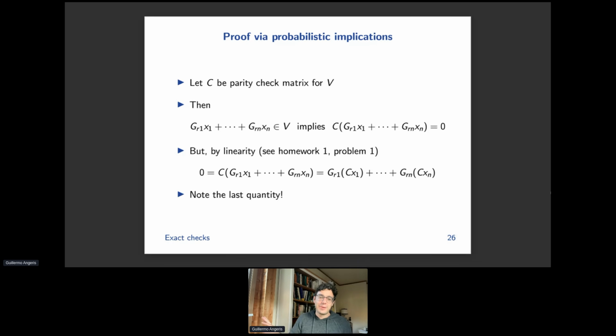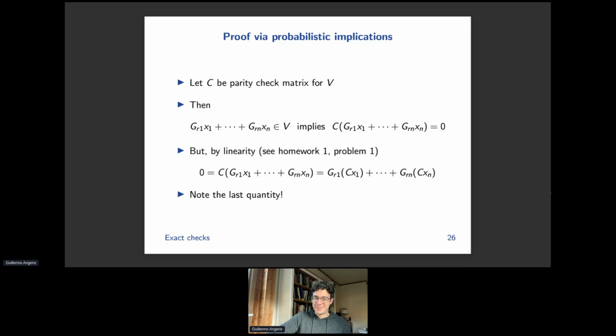So we have a randomly drawn row of the code matrix G, and we're using that to linearly combine C times x1, C times x2, all the way to C times xn. And we know by definition that that whole thing equals 0 for the randomly drawn row.